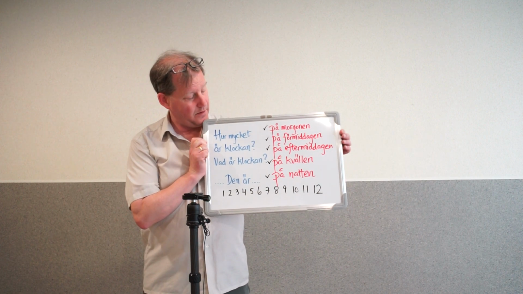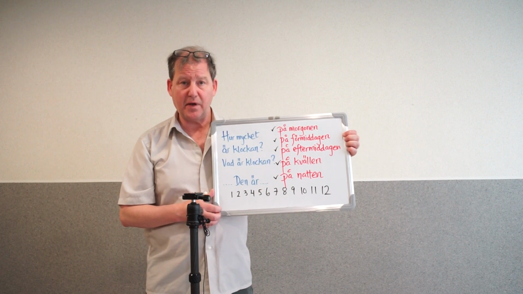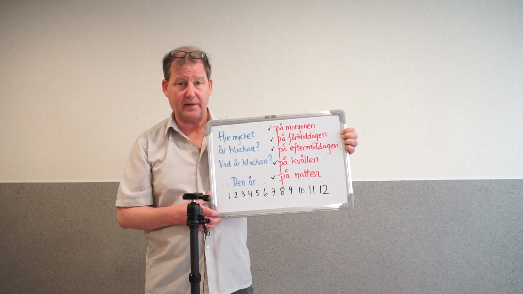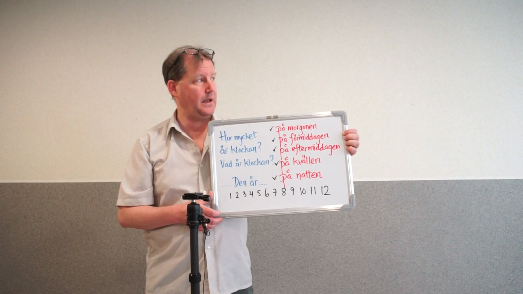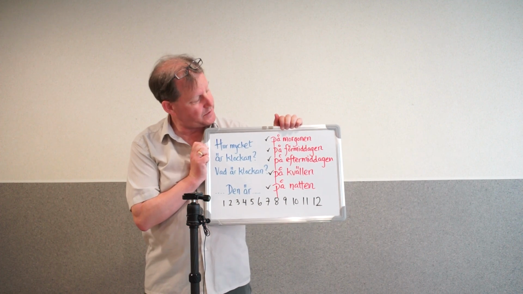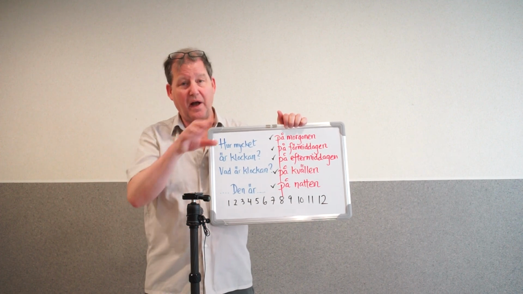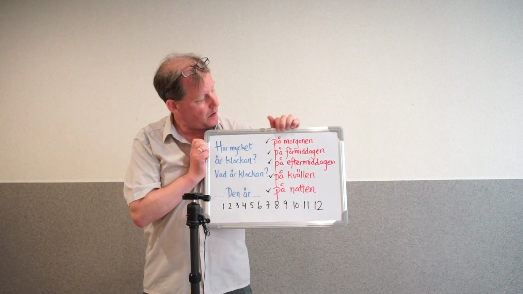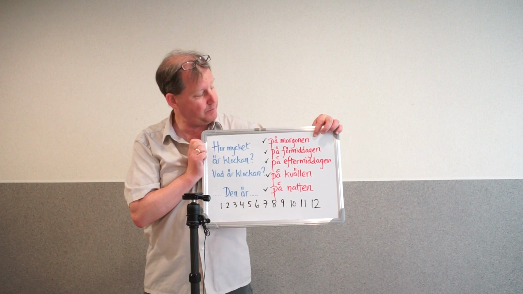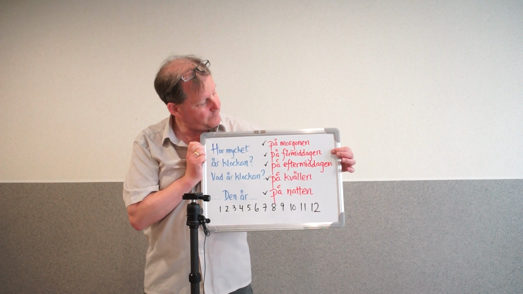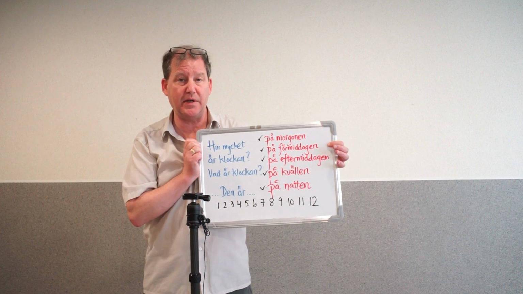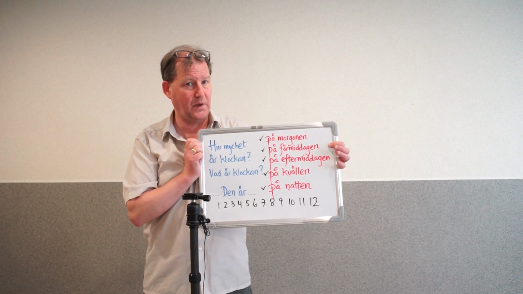And then, if it's 1 o'clock, you will say klockan är 1, eller den är 1. And then you can add some information. You can talk about what time of the day. So this one, på morgonen, that means in the morning. På förmiddagen, that means in the morning until noon, until lunchtime.